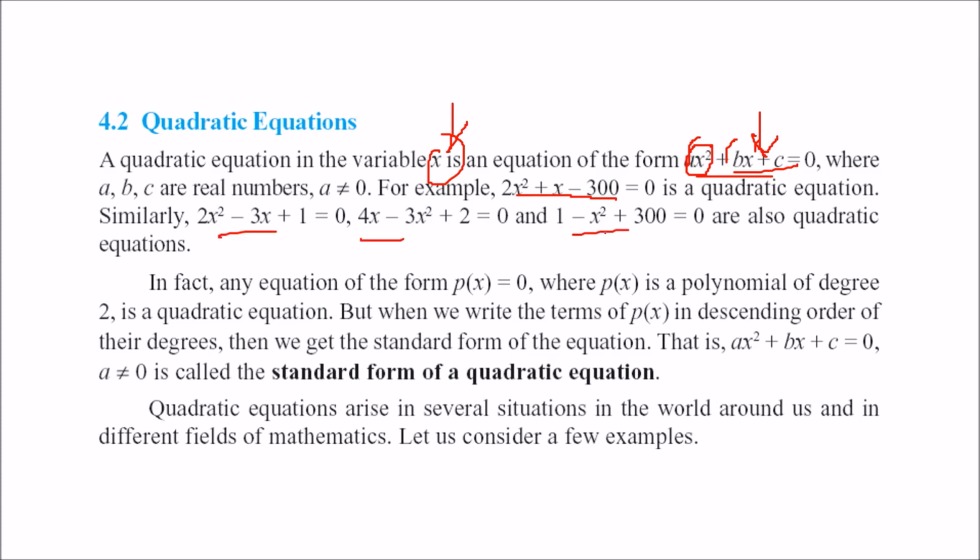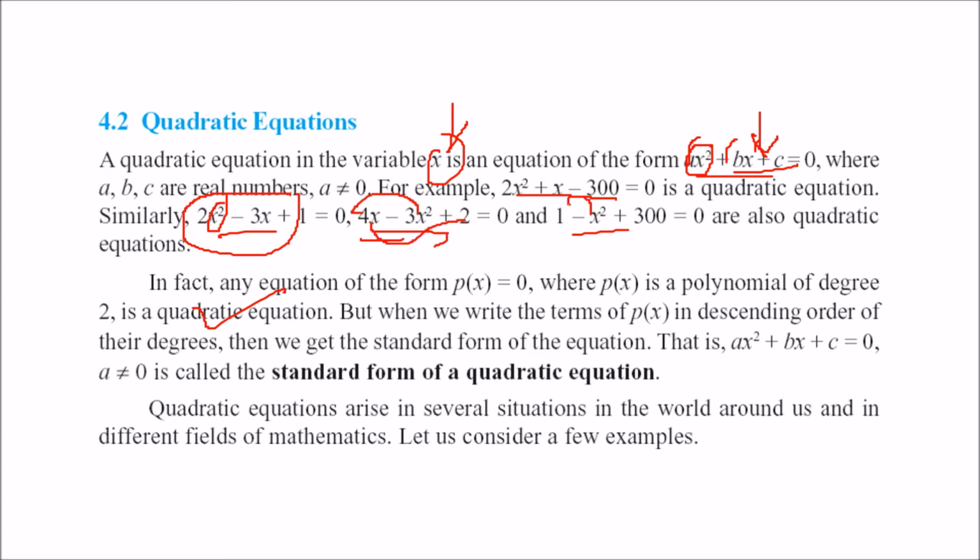Any equation with degree 2 is known as a quadratic equation. Traditionally, we follow the descending order. This can be written like this: minus 3x square plus 4x plus 2.